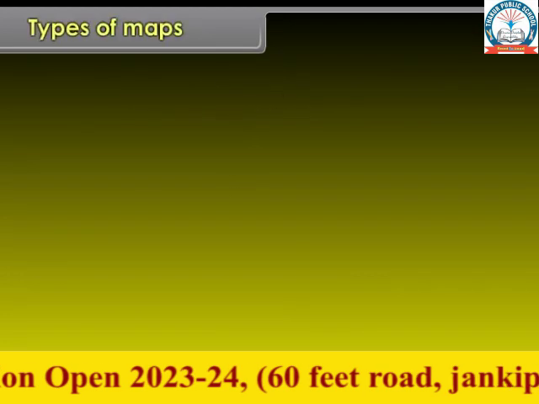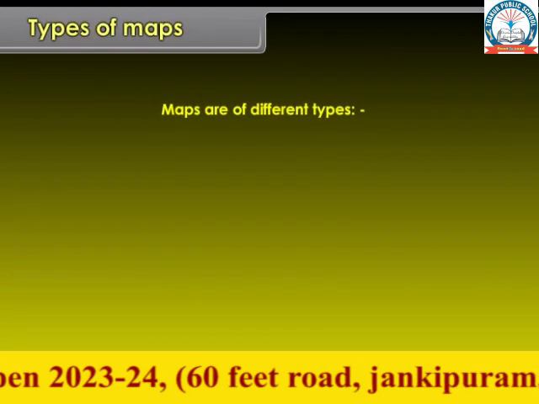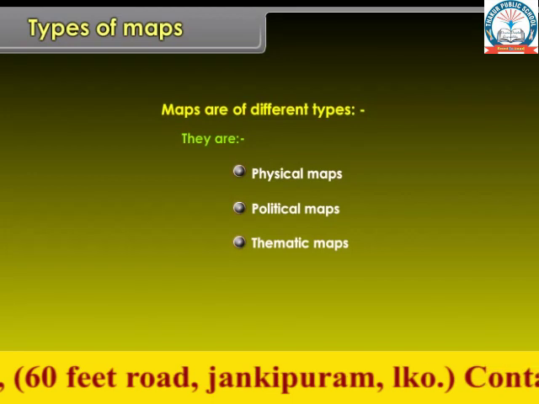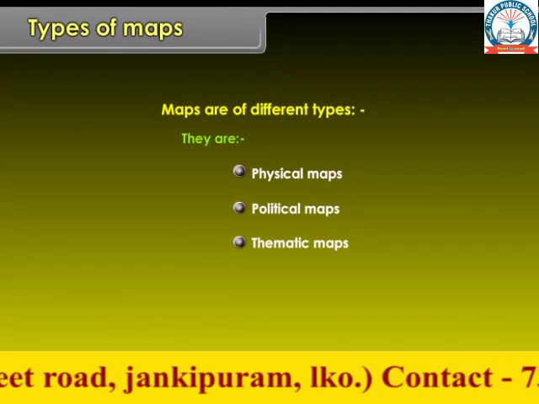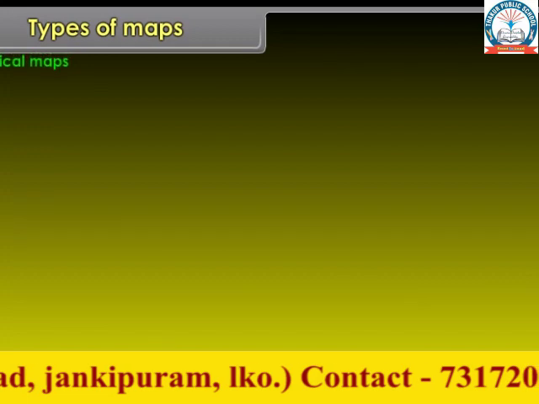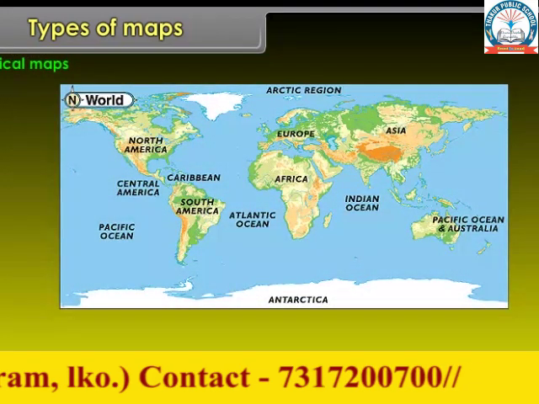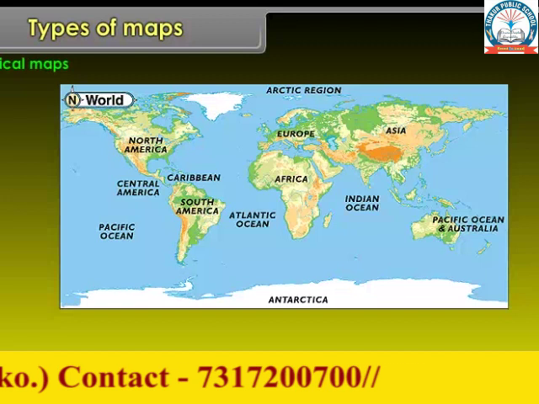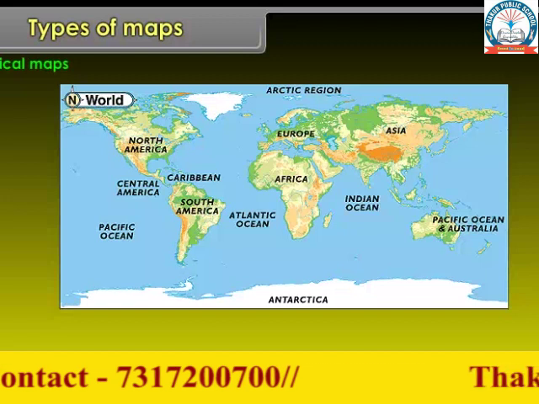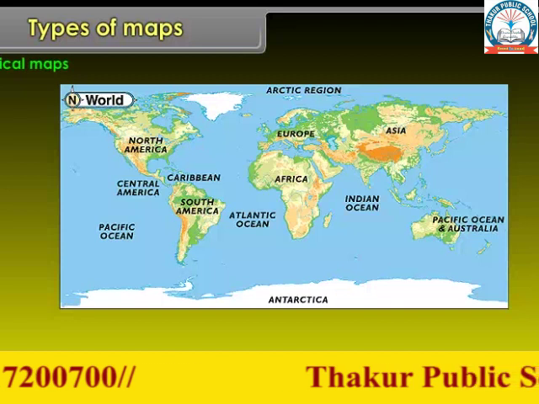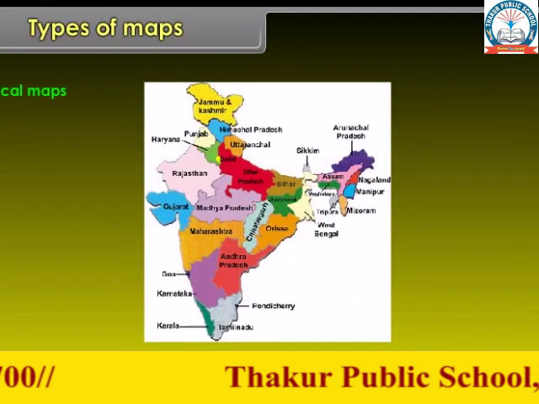Types of maps. Maps are of different types. They are physical maps, political maps, thematic maps. Physical maps. Physical maps show natural features of the earth like mountains, plateau, plains, rivers, oceans, etc. Political maps.